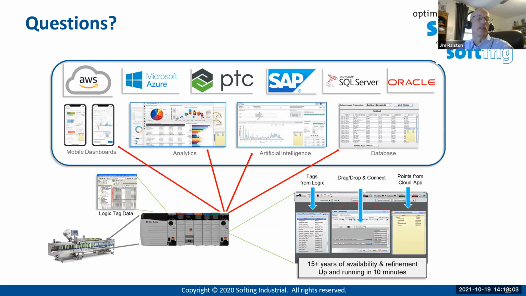We support the basic MQTT, and then we also have that store and forward capability, which eliminates a lot of the problems. But the short answer is no, we don't support Sparkplug.